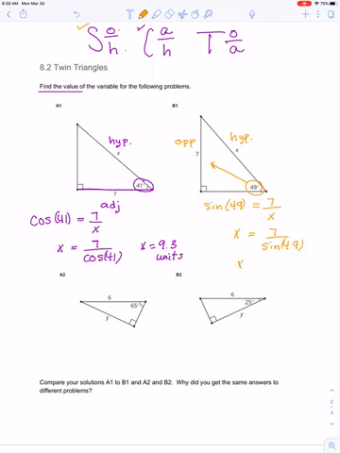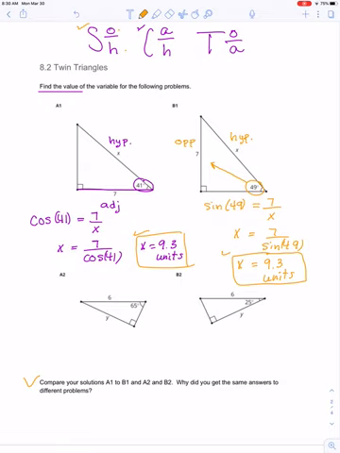Plug that straight into your calculator, and you find out that x is 9.3 units. So hopefully what you notice here and here is you get the same answer. And so that's what we're going to be discussing down here at Compare Your Solutions A1 and B1 and A2 and B2. So if you're playing the video right now and then going back and trying A2, B2, then it looks like you're going to be getting the same answers. So that will help you to check yourself and make sure you're doing it correct.